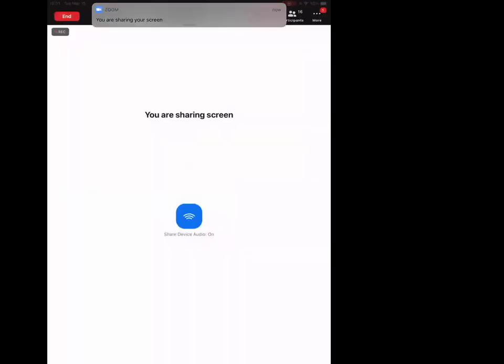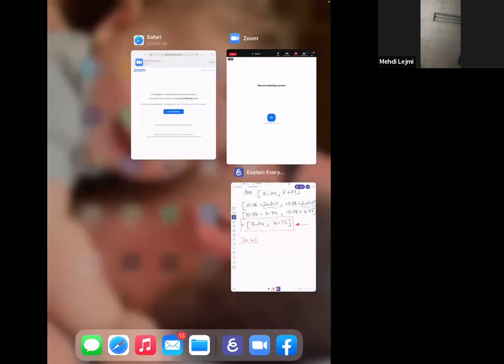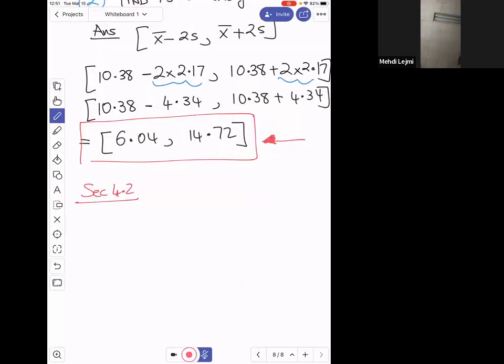Do you hear me, guys? Yes. I think there's an issue with the Zoom. All right, okay, so I'm gonna share the board again. Please let me know if you see the whiteboard. Do you see the whiteboard?